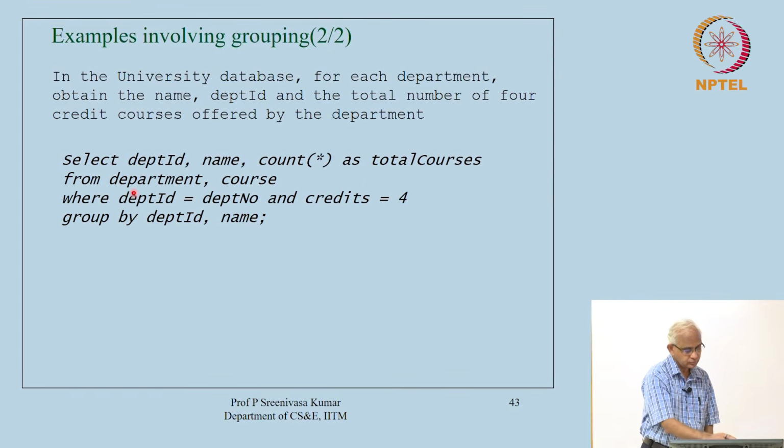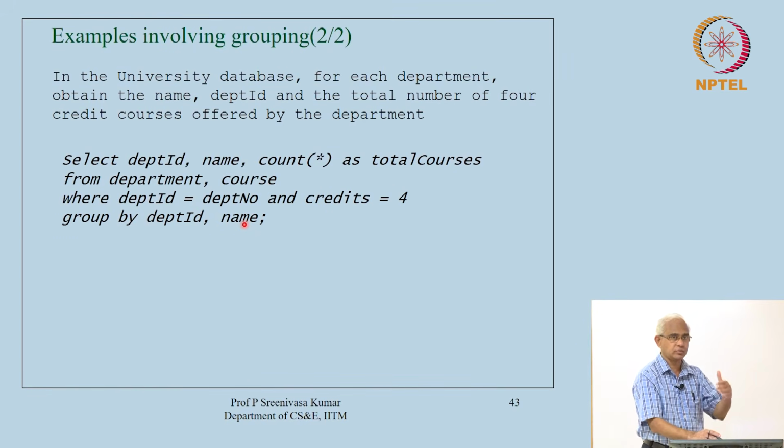So, this will give you all the combinations of departments and courses in which the course is being offered by that particular department and the course has 4 credits. Now, this entire chunk of data is being grouped by department ID, name.